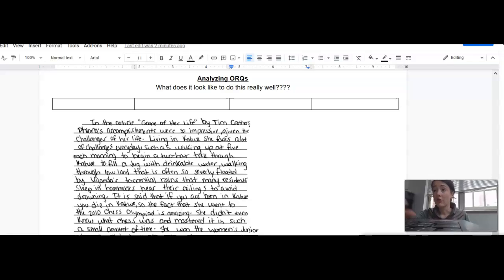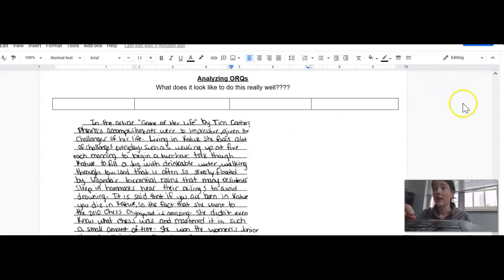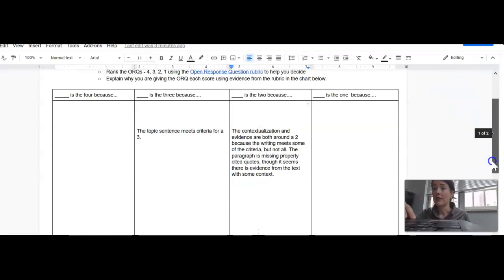Going to my topic sentence, my thesis, why does that matter? I still have those questions, so I'm going to say it's not specific enough. Going back to the rubric, it's not clearly explaining how the evidence proves the argument. So I would say it meets some of the criteria. Again, I would give it probably around a 2, but not a 3. So I'm going to put that back into my chart.